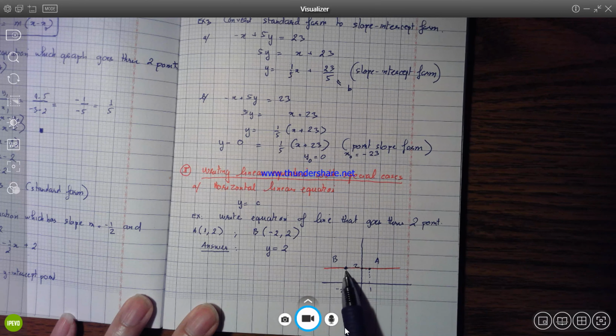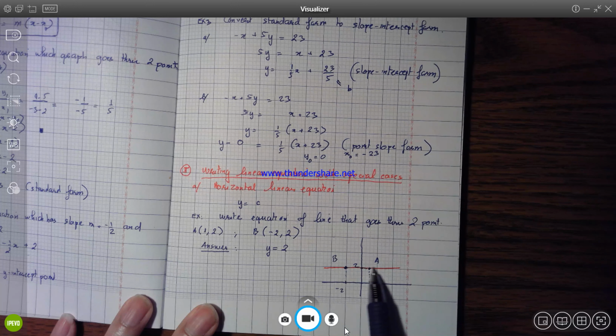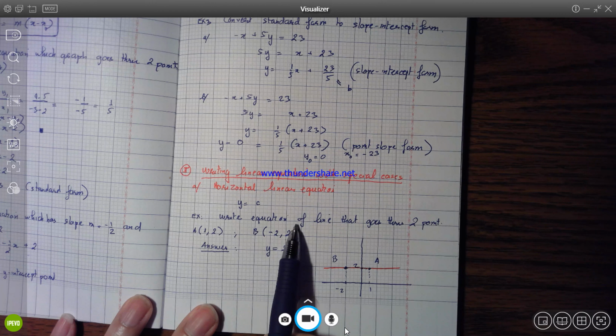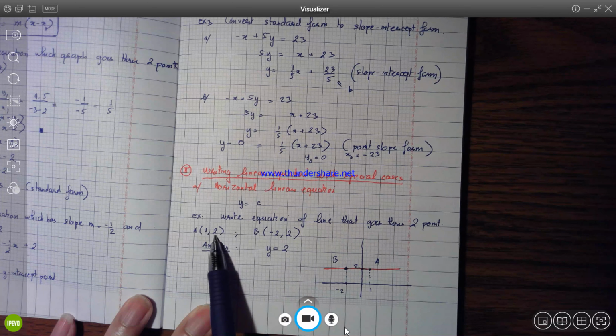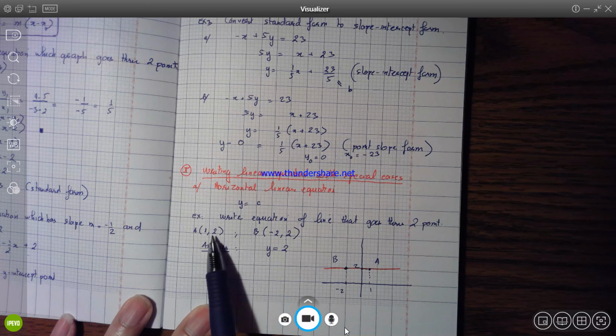If you connect these 2 points, it gives you the red line right here. This is a horizontal line going through both points. So you can jump to the final conclusion: the equation of this line will be y equal to 2, because we have the same y component.